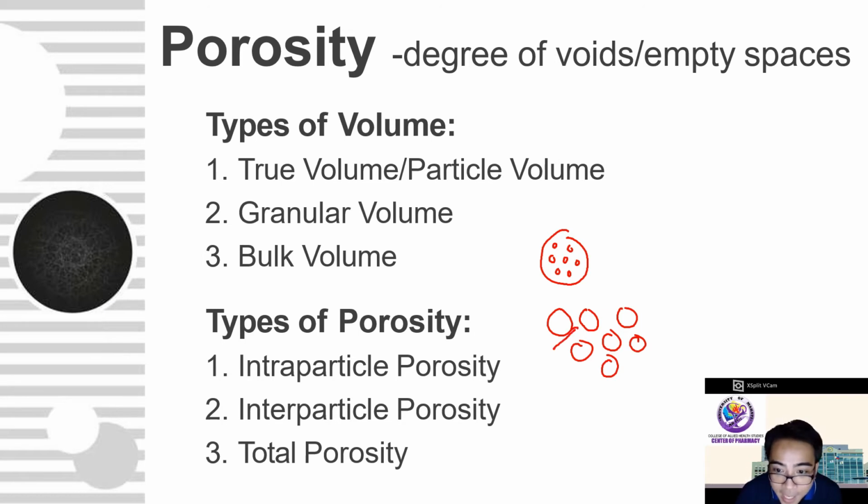So, this is a gap. This is a void. Yan, mga voids yan, di ba? These are voids. Okay? So, that's called, class, interparticle porosity. Total porosity would simply combine intraparticle and interparticle porosity. Right? So, I hope that makes sense.